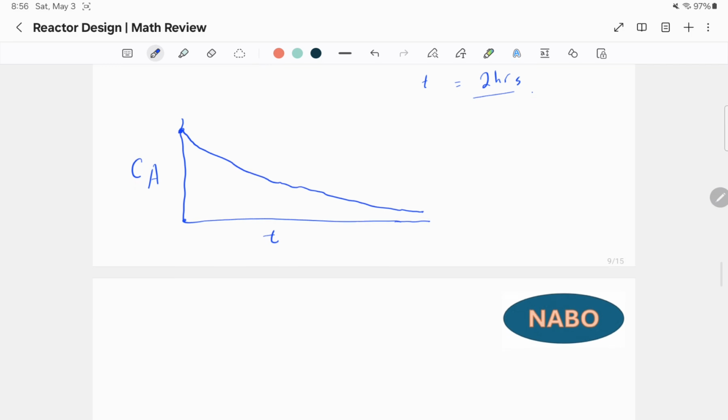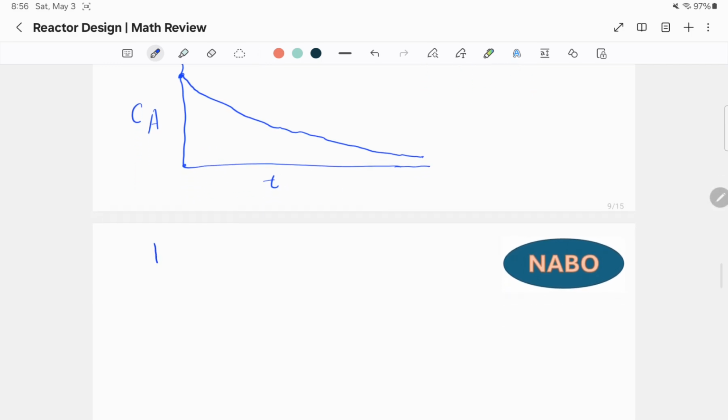On the contrary, when we plot the concentration of B, the product, versus time, we'll notice that at time 0, the concentration of B is 0 because there's no product being generated yet.